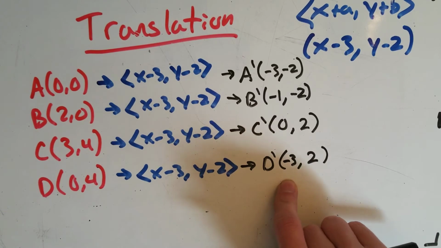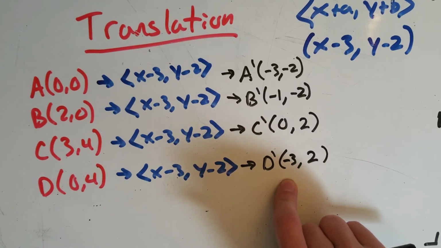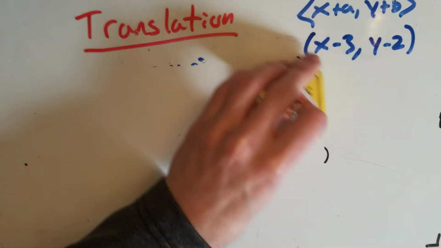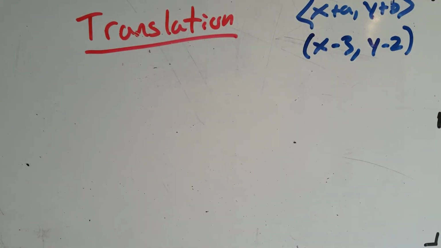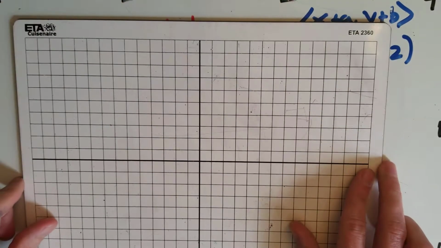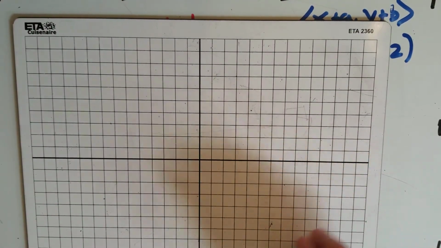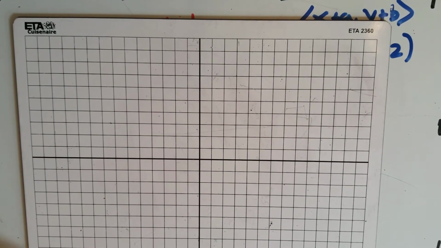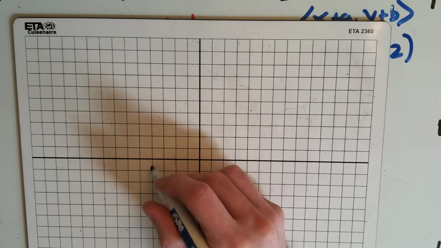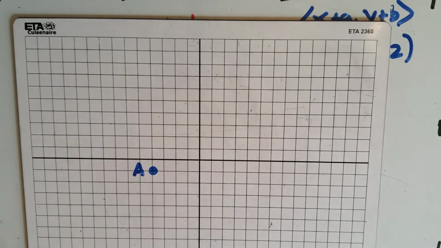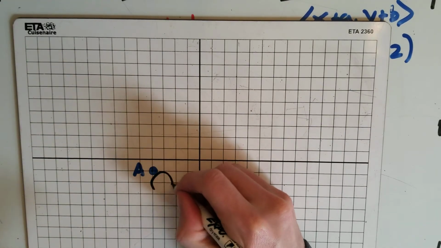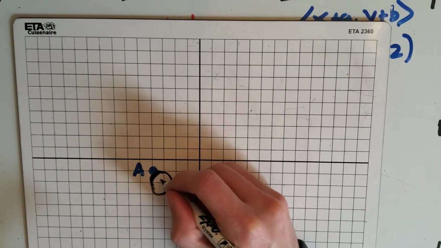Alright, so let's look at a couple of others. Actually, we'll just do one more, then you could try some of these on your own. In our last one, we have some images already graphed for us, and we are trying to figure out what transformation took place. We have A, which is at 1, 2, 3, 4, right here, with a little baseball attached to it, so we'll draw that baseball.